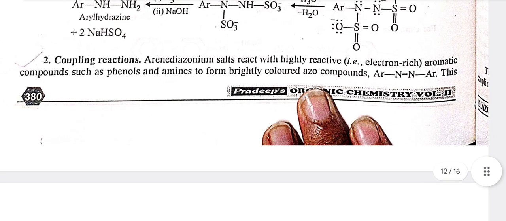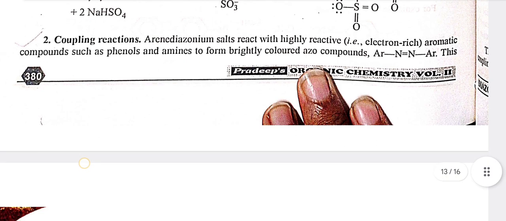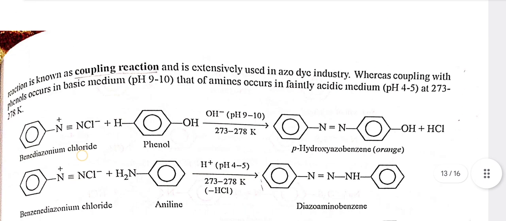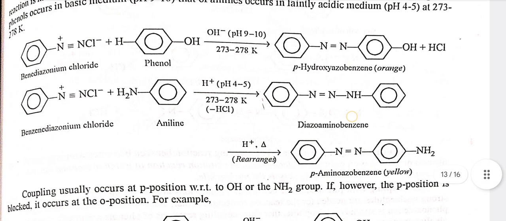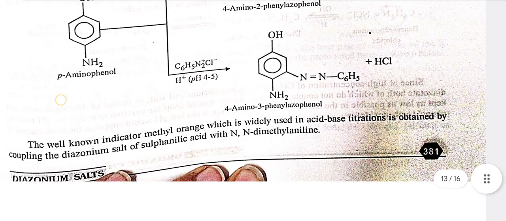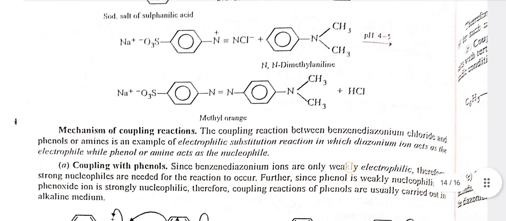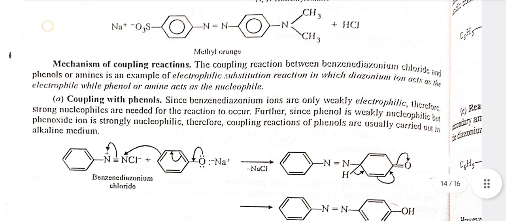Coupling reaction. Arene diazonium salts react with highly reactive aromatic compounds such as phenols and amines to form brightly colored azo compounds. This reaction is known as coupling reaction. Mechanism of coupling reaction.